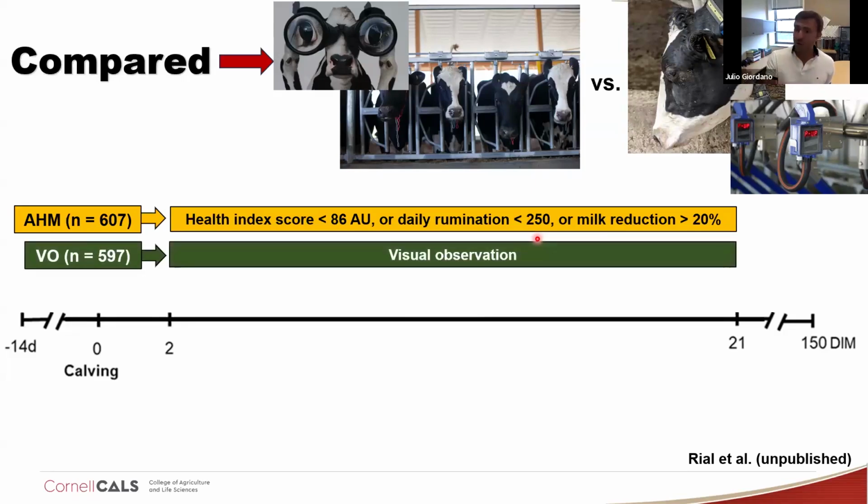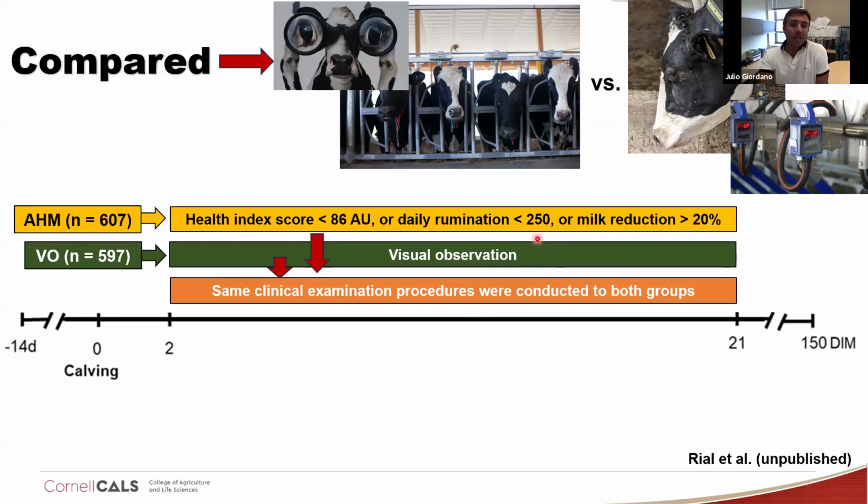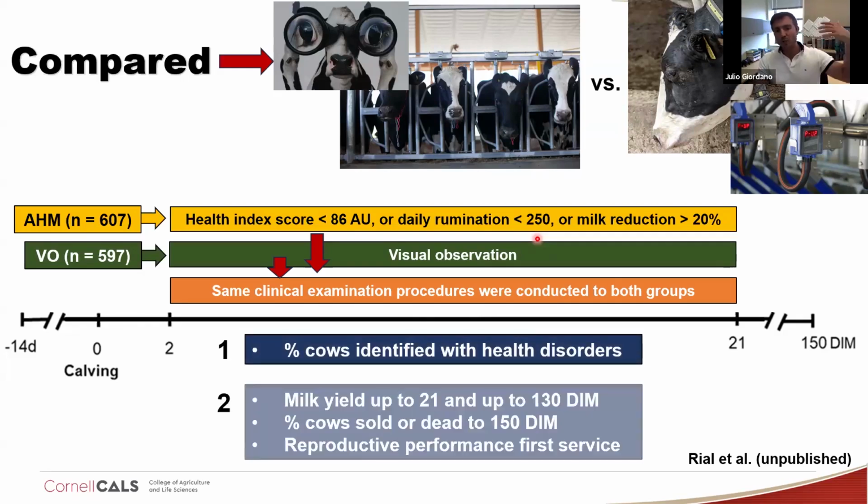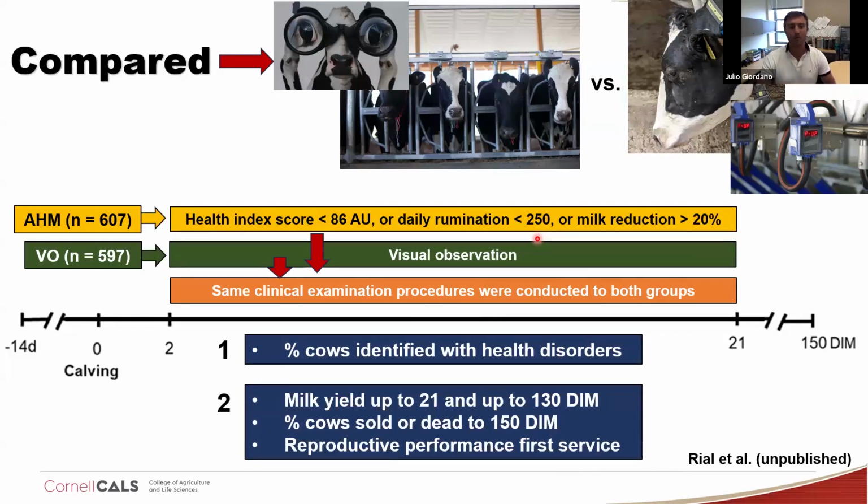For the visual observation group, cows were only selected based on their appearance, right? So based on the presence of detectable clinical signs of health disorders. Once the cows were examined, the exact same procedures were used for all. So we were interested in looking at the percentage of cows detected with disorders and herd level outcomes.